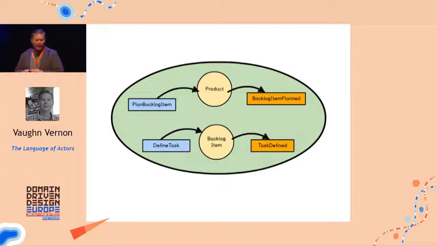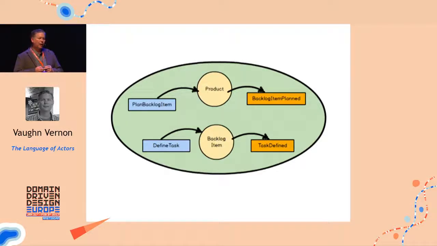So we have a product actor and we have a backlog actor. This is in the bounded context of an agile project management application that helps Scrum-based teams manage their Scrum products, and the development of those products and the release of the software. So we have a product that takes a command message and it emits an event message.